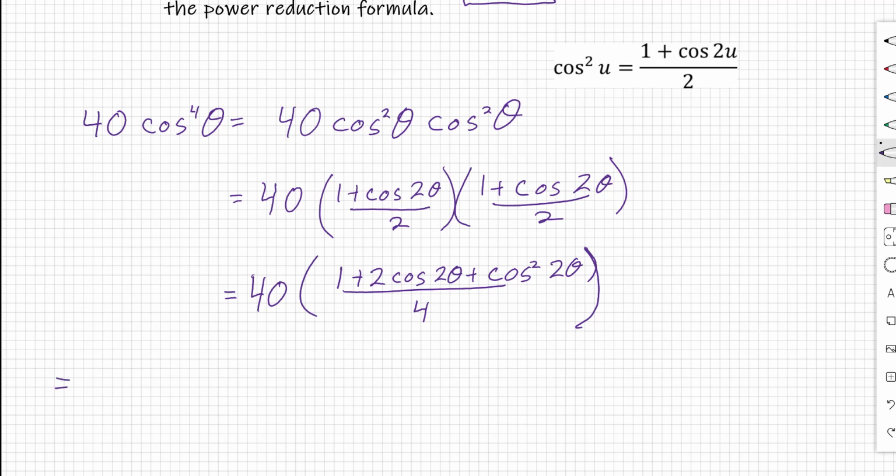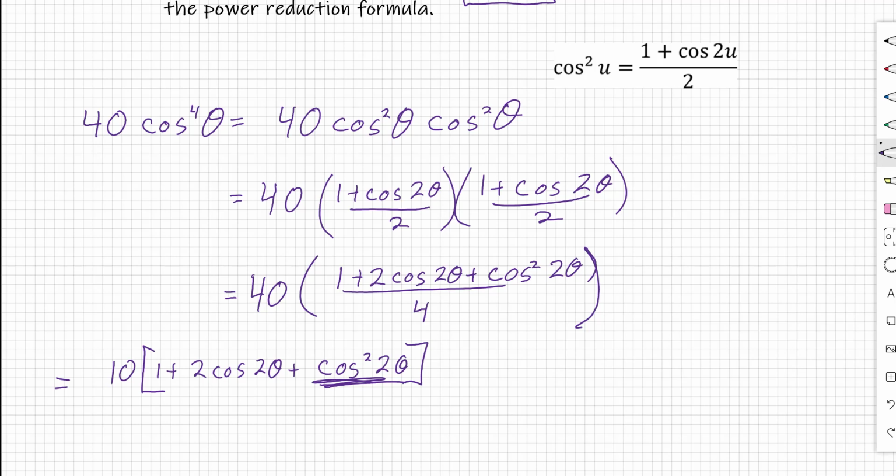And 40 and the 4 we can divide out, giving me 10 times 1 plus 2 cosine 2 theta plus cosine squared 2 theta. Now there's only one problem with this. We've still got a cosine squared in there, so let's get rid of that one.